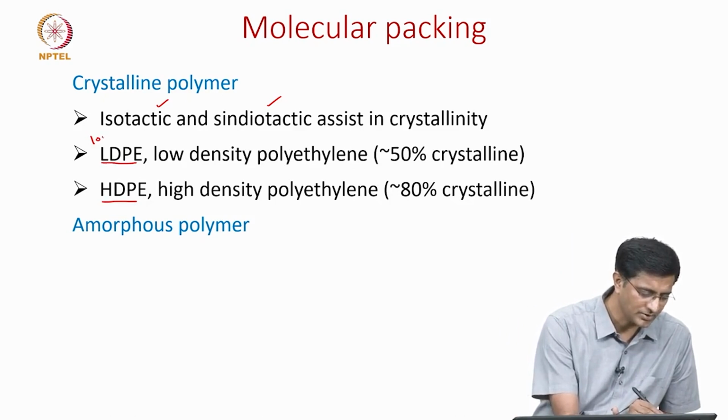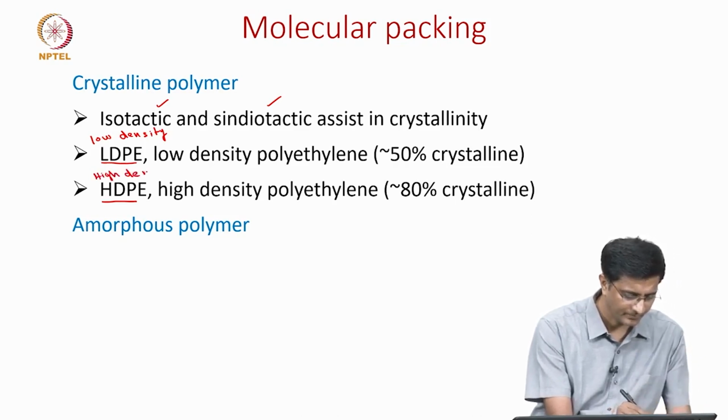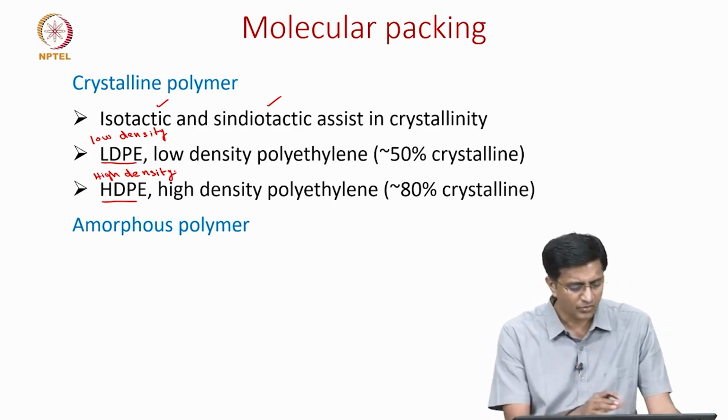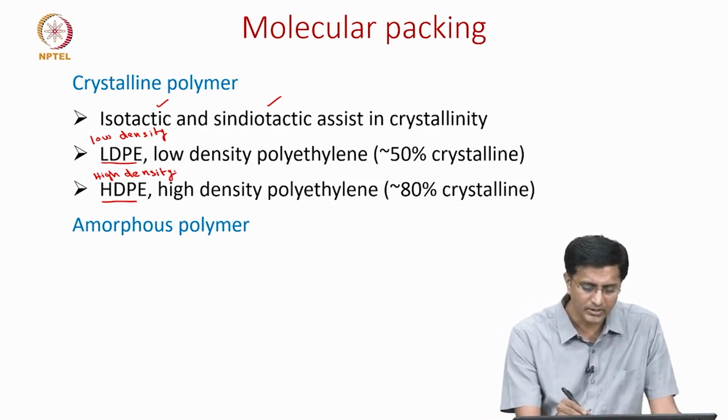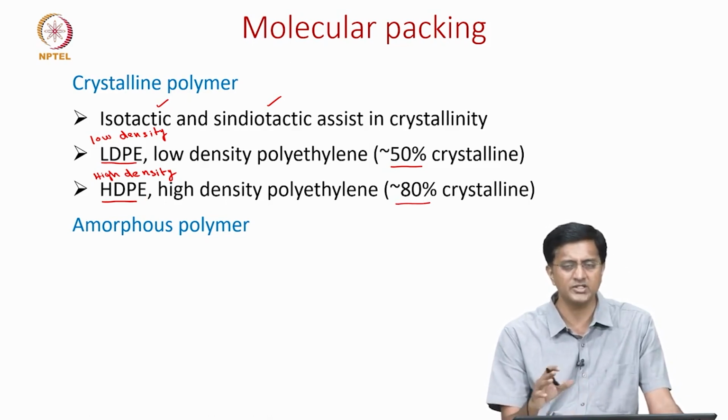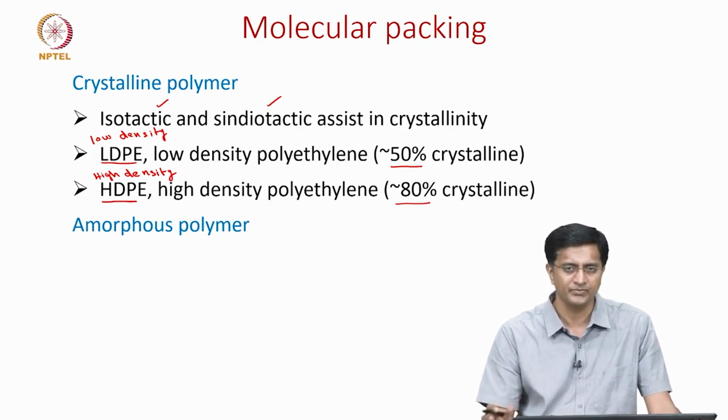LDPE stands for low density polyethylene and HDPE is high density polyethylene. So, we say the low density polyethylene has 50% crystalline form and the high density polyethylene has about 80% crystalline, and usually 80% is the maximum crystallinity we can expect in polymers.